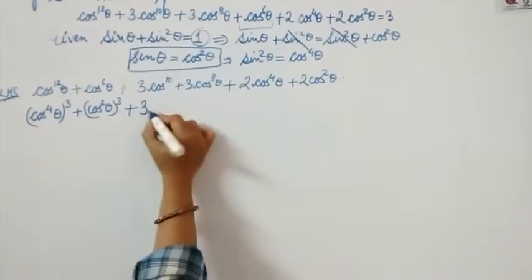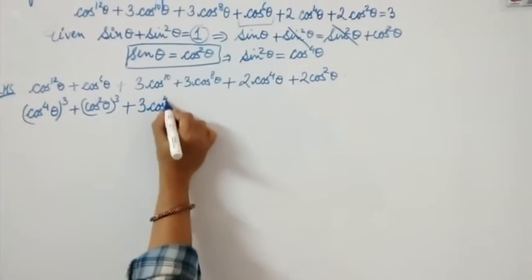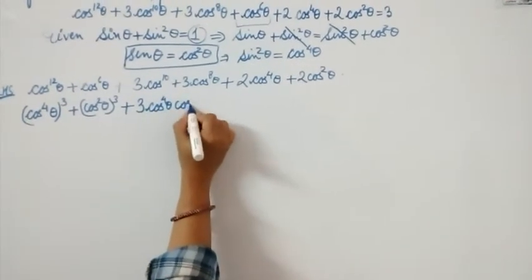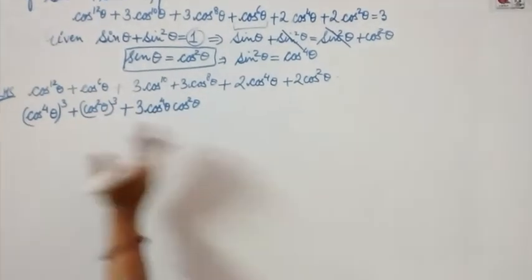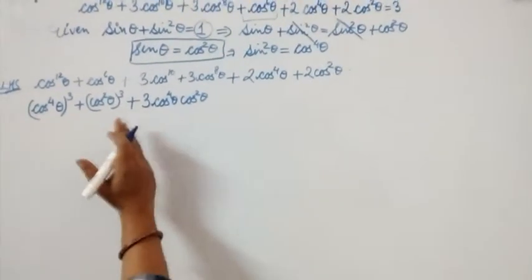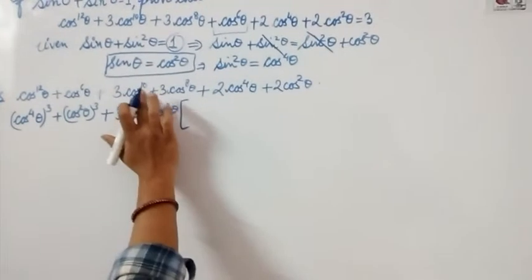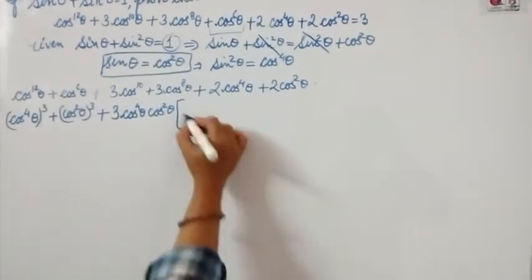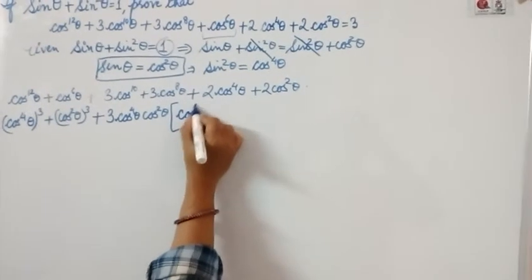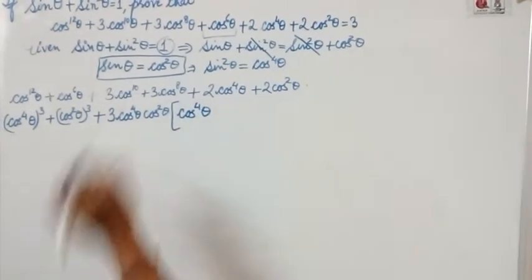Here cos 4 theta cos square theta, I'm taking common. That makes cos to the power 6 theta. 3 cos to the power 6 theta, I'm taking common. Now since the power is 10 here and we have taken out 6 common, here it will be left cos 4 theta. That makes 10.